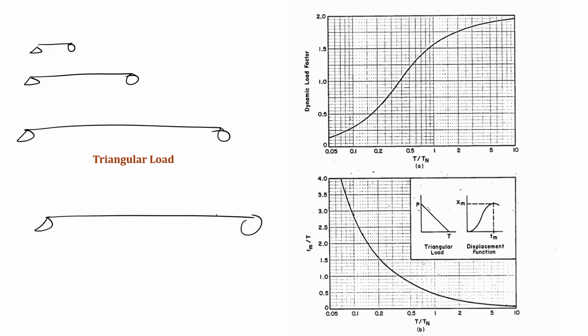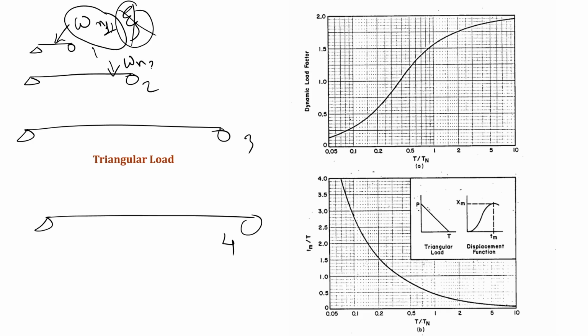Each system is denoted by its frequency and damping. For the sake of our argument, let us remove the damping. So, the systems can be denoted by natural frequency 1, natural frequency 2, natural frequency 3, natural frequency 4.